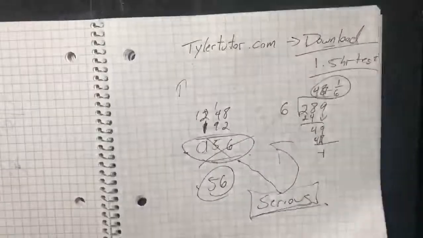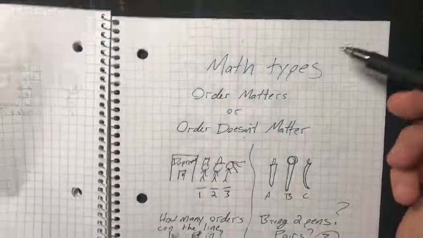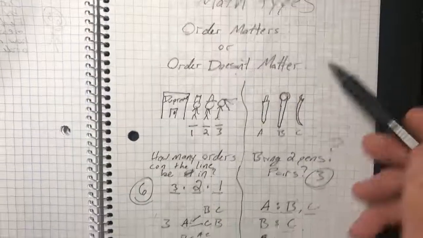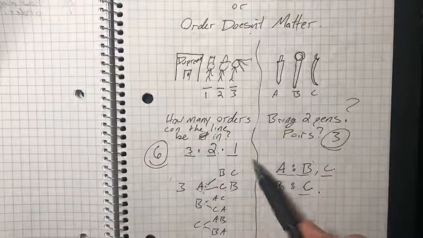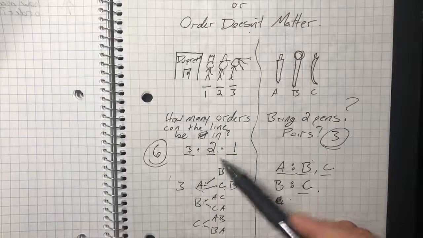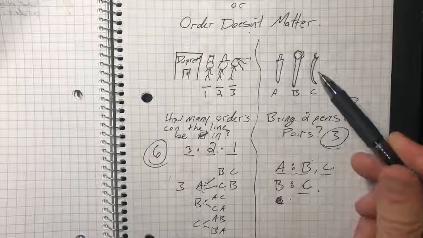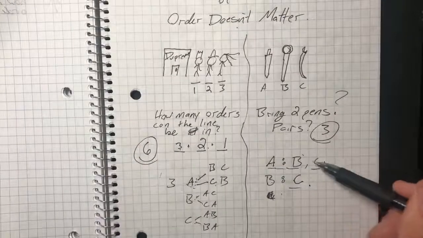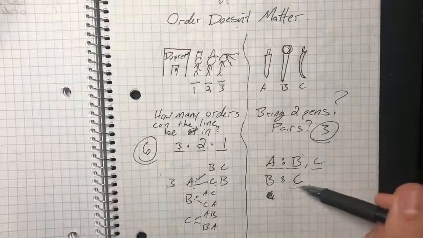Just as a quick review, remember, for this, you have to think, does the order matter or does the order not matter? If the order matters, you need to draw out lines, and then 3 possible, 2 possible, 1 possible. And for pairs, if asked how many pairs you could do, you can just do A and list what would go with it, and B and list what would go with it.